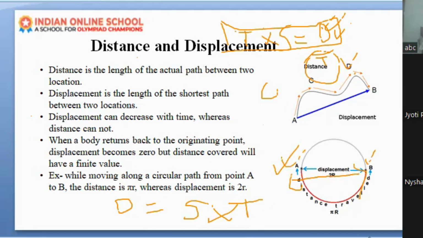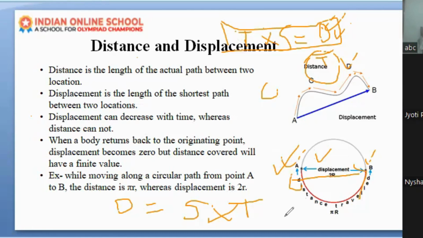The shortest distance from the initial to the final position is known as displacement. But what is the difference here? The difference is that displacement has magnitude as well as direction, meaning it has value as well as direction.